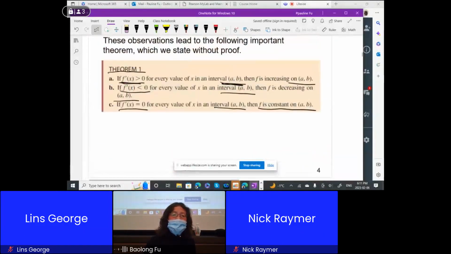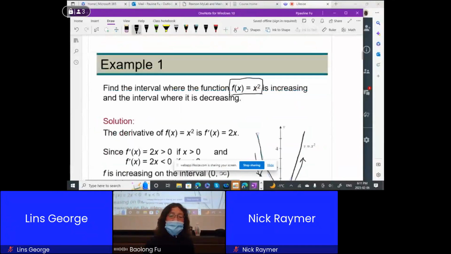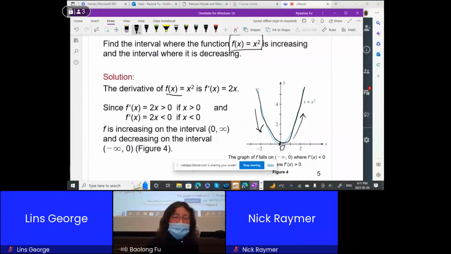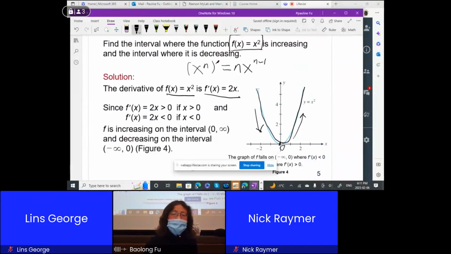We use this definition. Find the derivative of x squared. So we know if f equal to x squared, derivative equal to 2x. This is because of the general rule, x raised to power n, derivative is n times x raised to power n minus 1. So when derivative greater than 0, it is increasing.